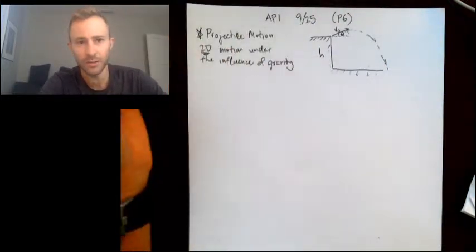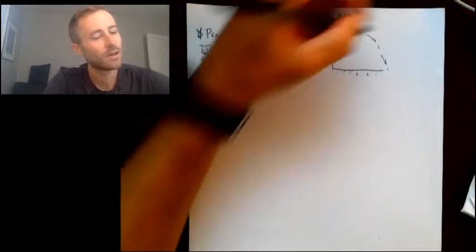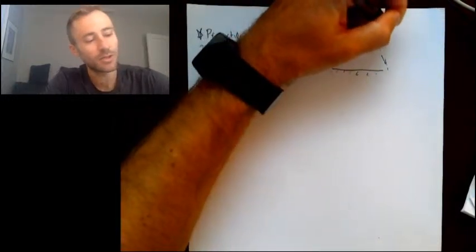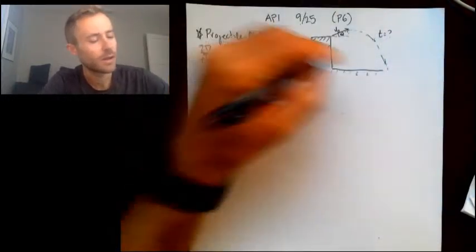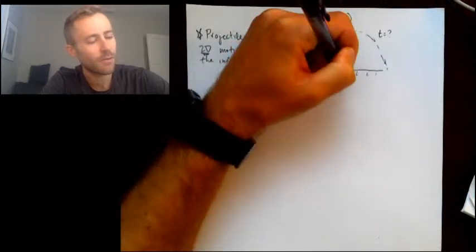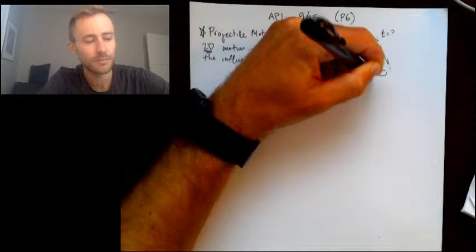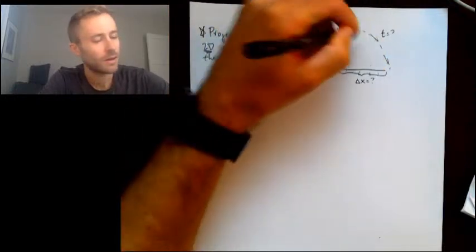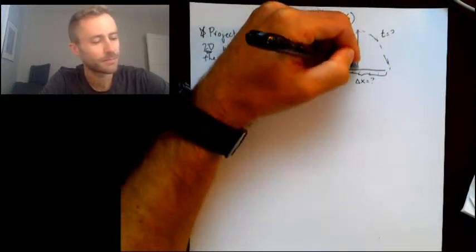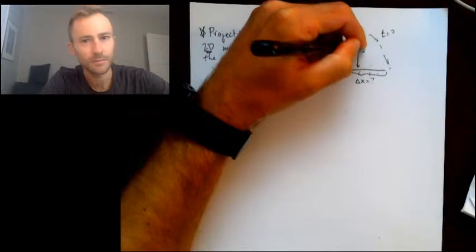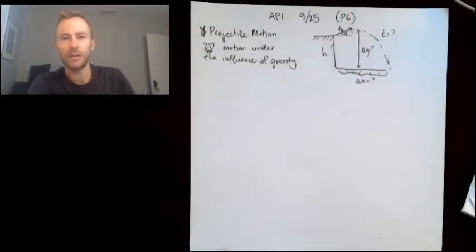And so we're going to answer some questions like, how much time is the projectile in the air for? How far horizontally does it go? How high does it go? Things of that nature.